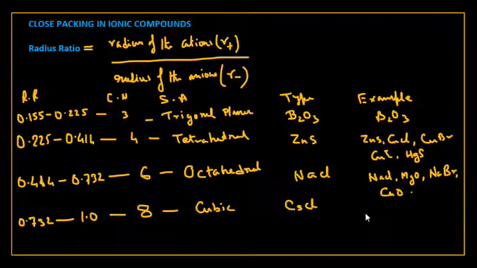Examples can be CsCl, CsBr, NH4Br. So these are the four rules for radius ratio.